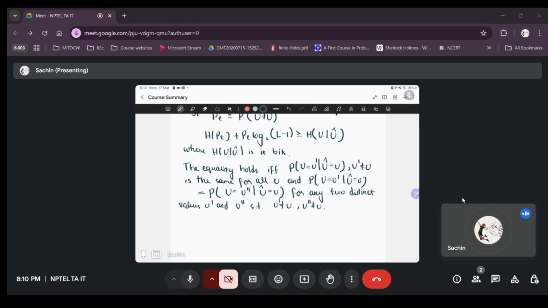That is, the probability that an error occurs is the same for all values that U hat takes, and for any given value that U hat takes, the probability that U takes some value U dash is the same for all values of U dash.